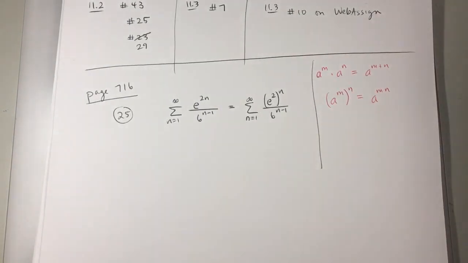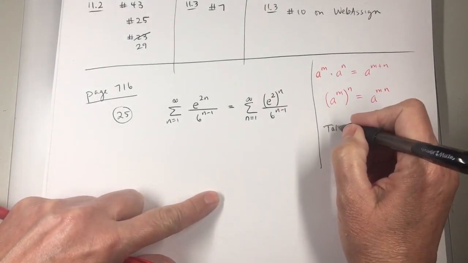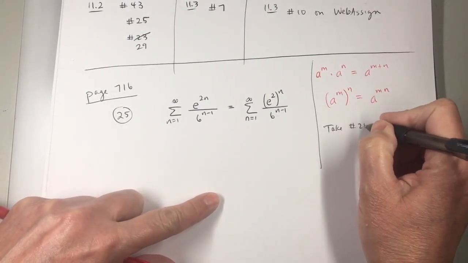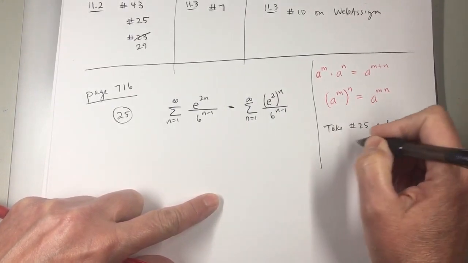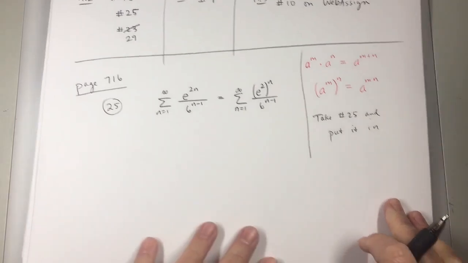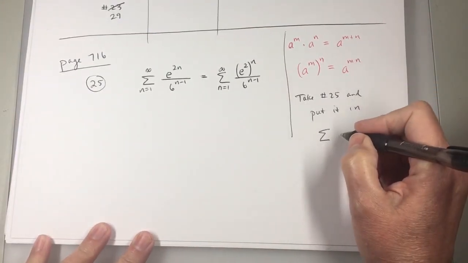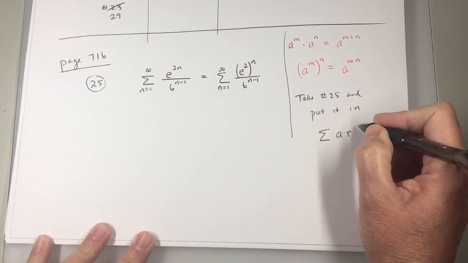And I'm going to force it into the form for geometric with in this form. I'm going to take number 25 and put it in the form for geometric series, which was the sum of a times r.